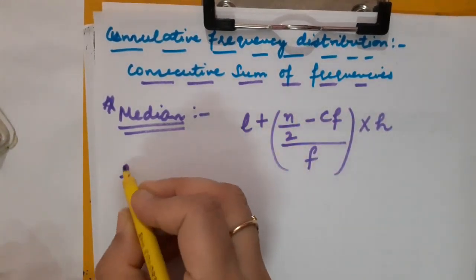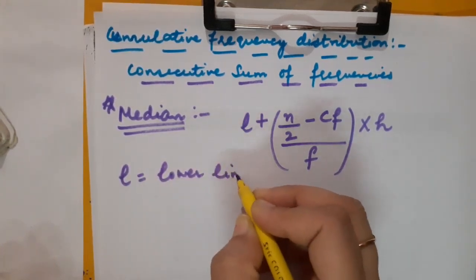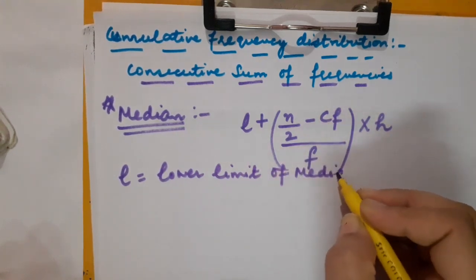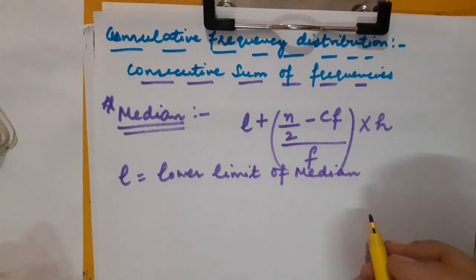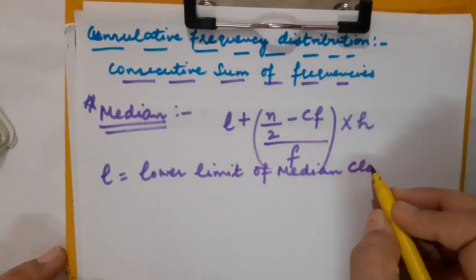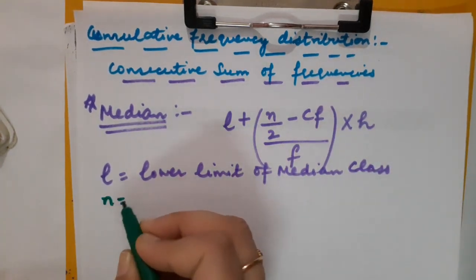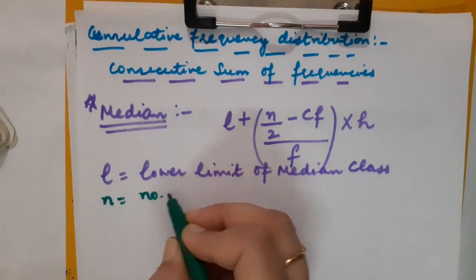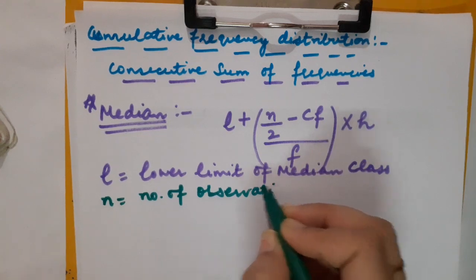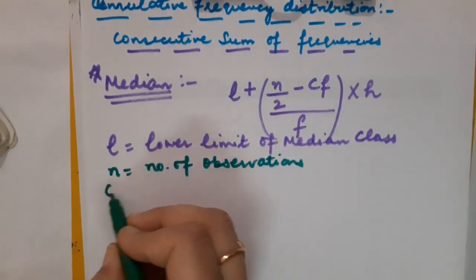First of all, what do you mean by L? L is the lower limit of the median class. Children, you learnt about the modal class when we were calculating mode. Now you are learning about the median class. Here n is the number of observations. Correct? What is CF?